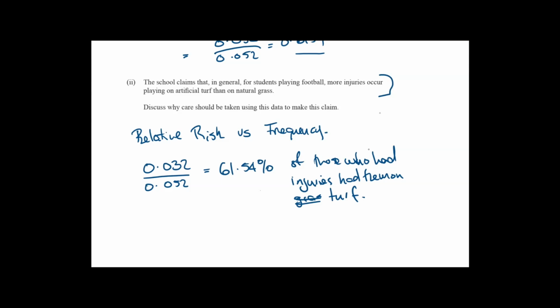So in total numbers, most of the injuries do occur on artificial turf, but the relative risk, the probability that you get injured, given that you're on grass, is 0.1, and the probability that you get injured, given the fact that you're on turf, is what was it, 0.04, right?